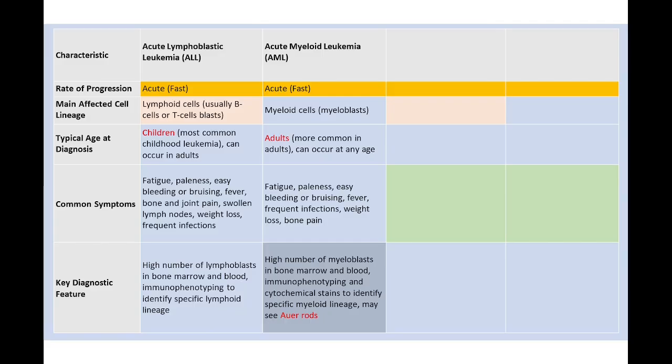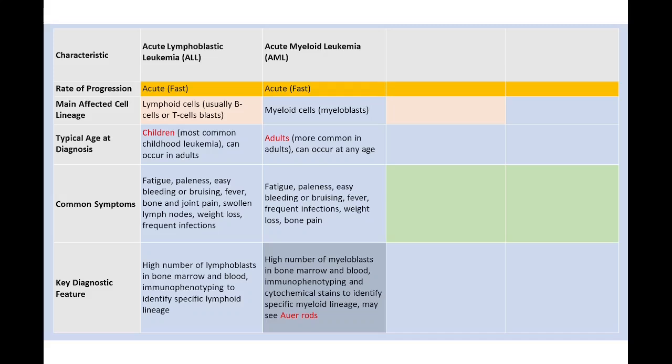See here some differences between ALL and AML. For the rate of progression, both are acute. The main affected cell lineage for ALL is T cell and B cell; for AML, the myeloid series. Typical age at diagnosis: ALL mostly affects children; AML occurs in adults but can occur at any age. Common symptoms are almost the same. Then key diagnostic features.